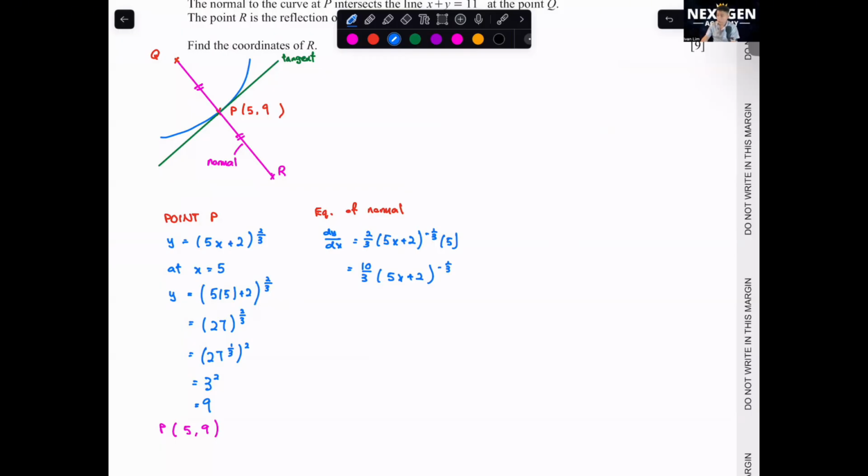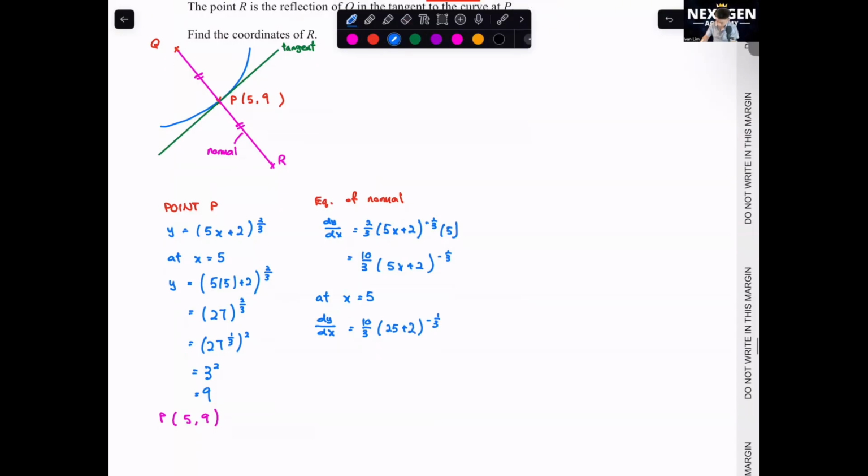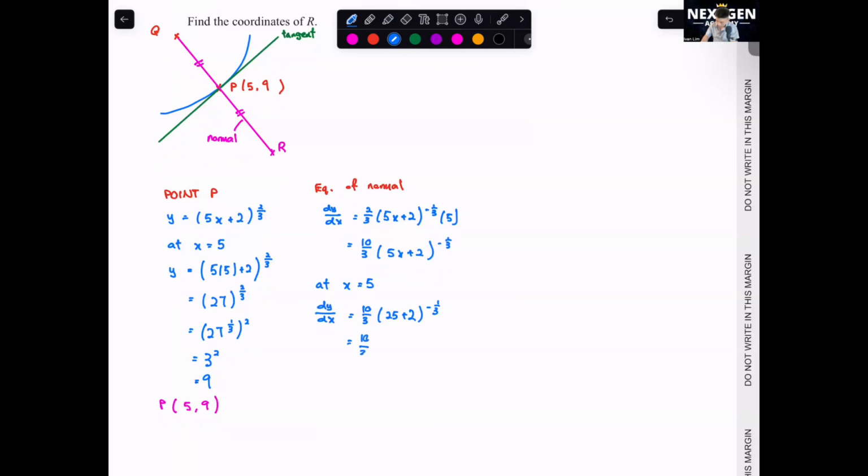Okay, for the equation of the normal, we substitute x equals 5. Dy over dx is 10 over 3, 25 plus 2 to the power of negative 1 over 3. Plus 2, not 7. So this is 27 to the power of negative 1 over 3.